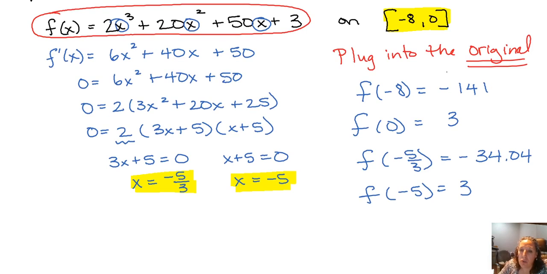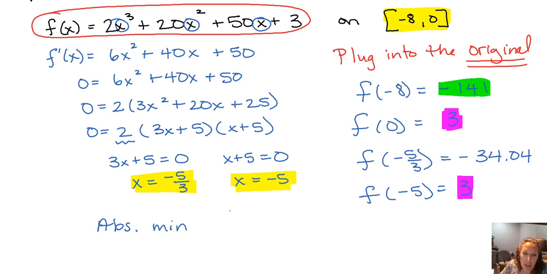Alright, so now we need to look at these and identify our biggest and our smallest number. Our smallest number here is -141, and then we actually have two biggest numbers, since 3 shows up twice. So this one will have an absolute minimum, our smallest, of negative 141 at our x value of negative 8.